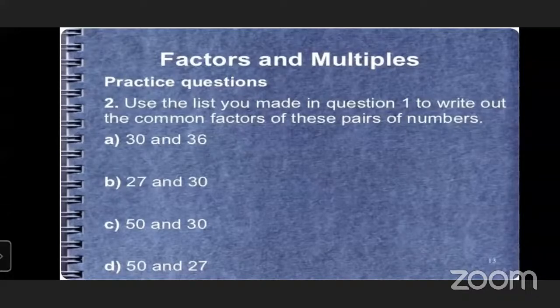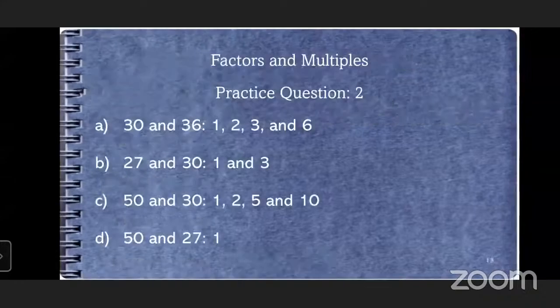Now we have made a list in question number 1. We have to use that and compare with these pairs of numbers. So let's check out the factors. And 30.